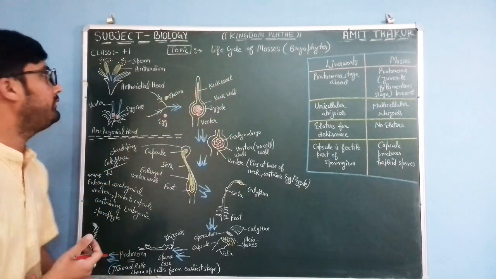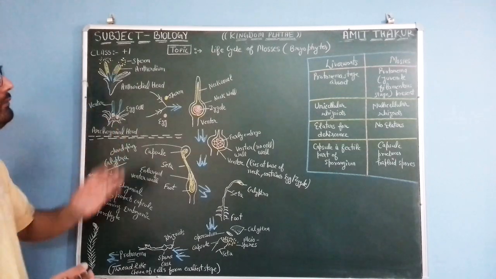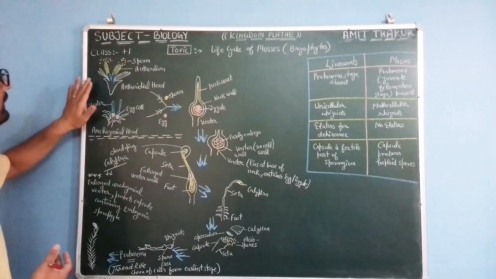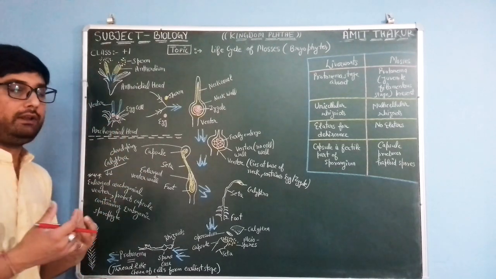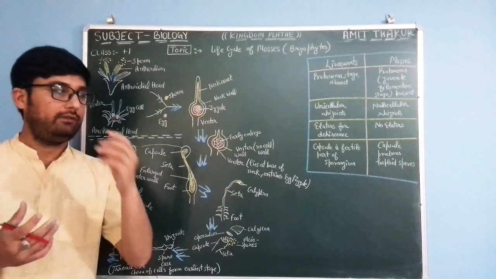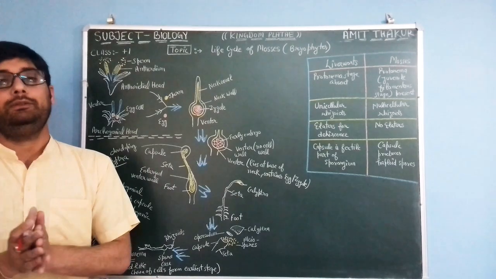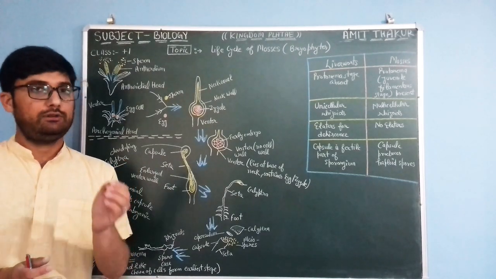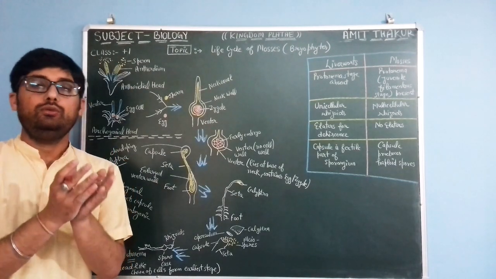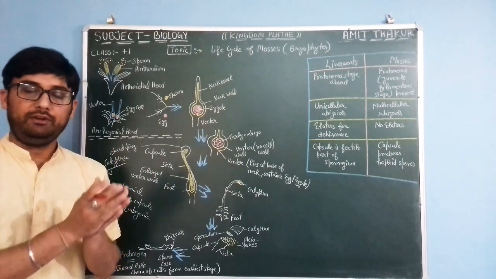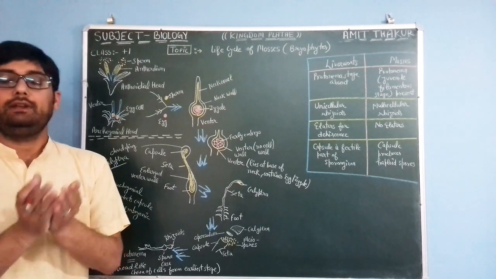and mosses. In the life cycle of mosses, bryophytes, as you know, they have a haplodiploidic life cycle, alternation of generations, with two phases: gametophytic phase and sporophytic phase.